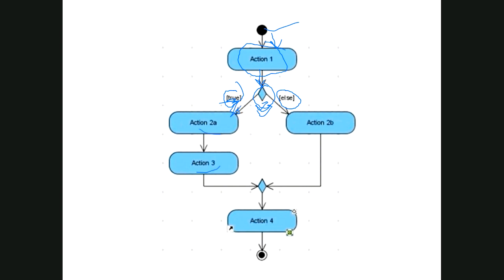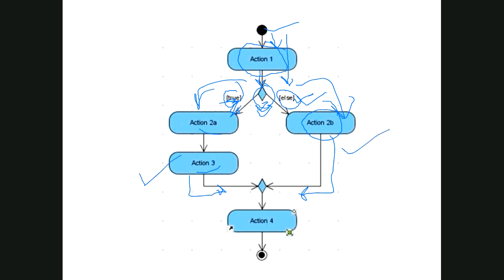If that condition is false, I will move this side, I will perform action 2a and I will move this way. Basically a control flow tells you that you have started from here, you have checked the condition, then depending on the condition either you have taken this route or this route. Then finally, whichever route you took, at last you will converge and merge at this merge node, and from there you take one last action and you will reach your final state.